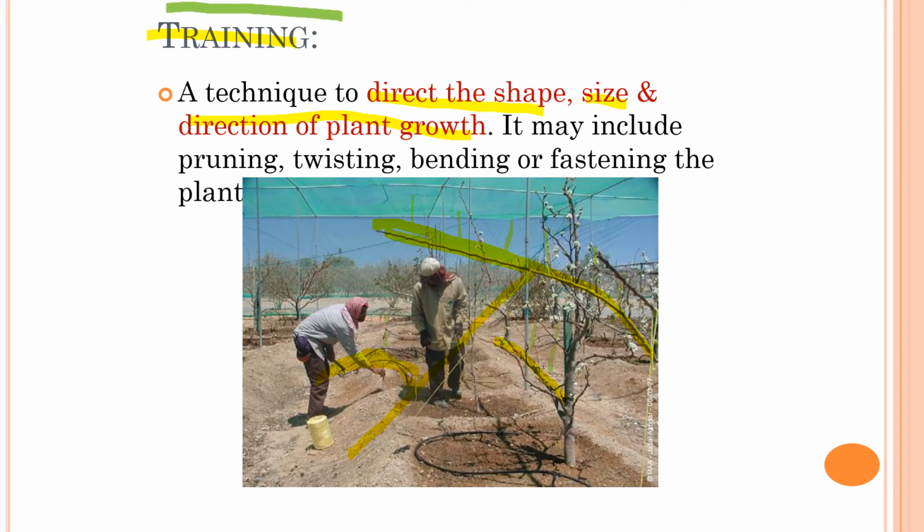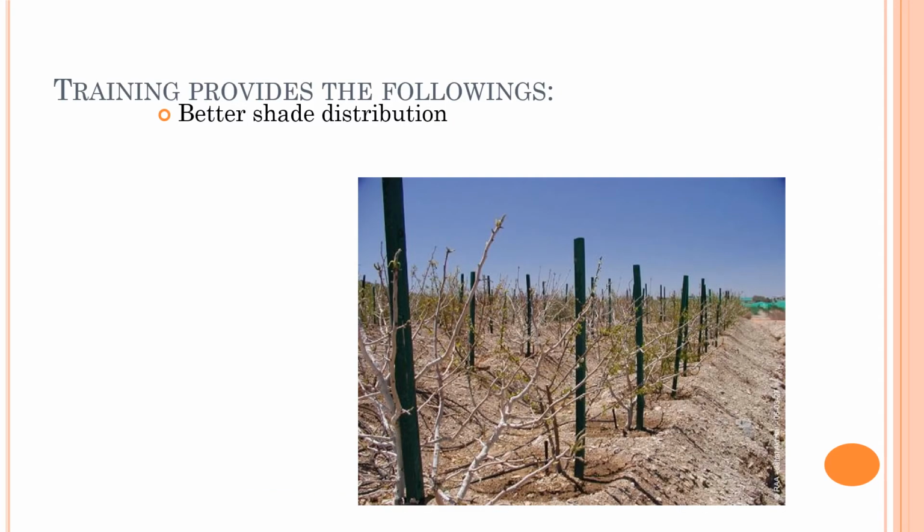This is training basically. So training is direction of the tree shape and size and direction of the plant growth. It includes different techniques like bending, twisting, fastening branches, and so on. Training improves the tree growth and development because it provides better shade distribution.